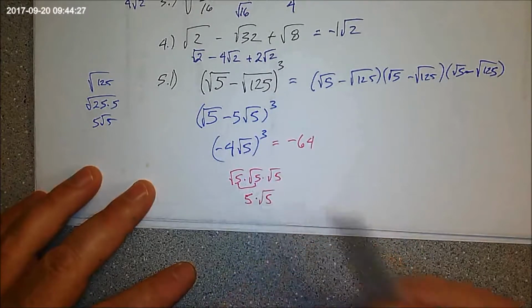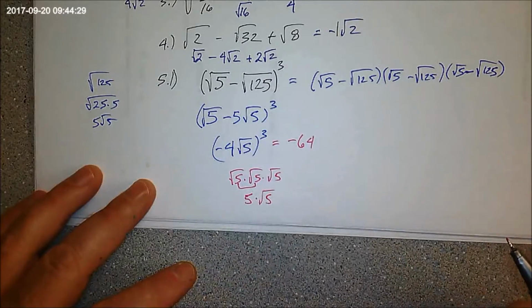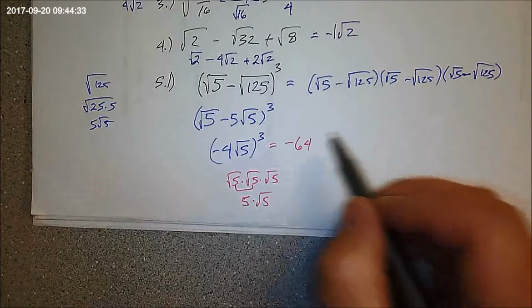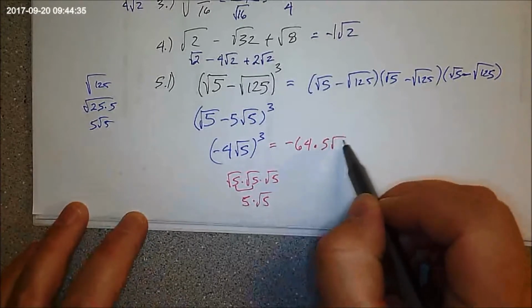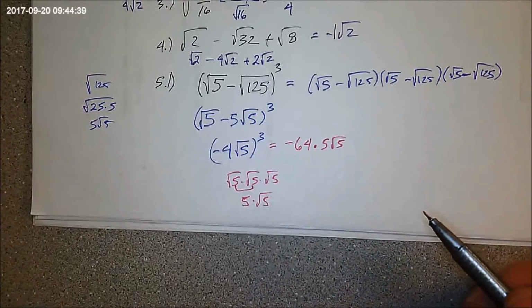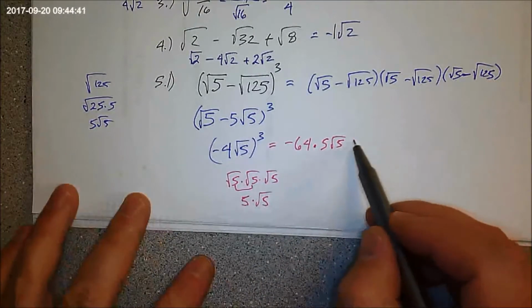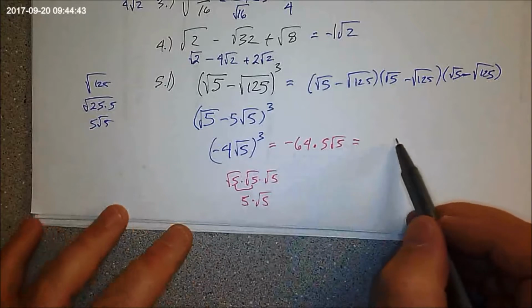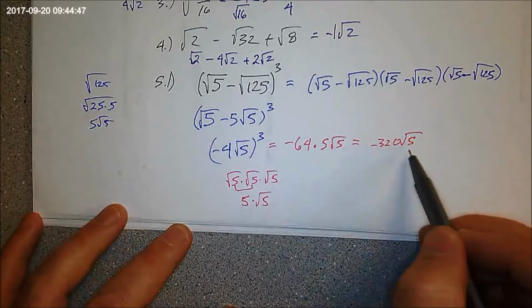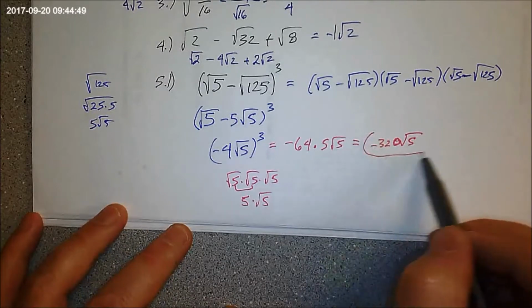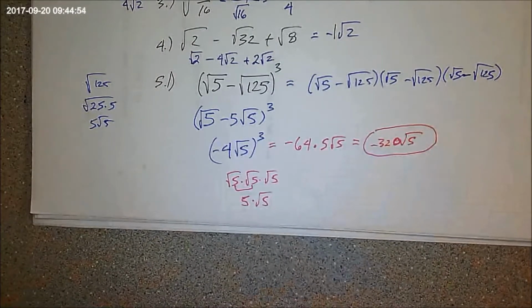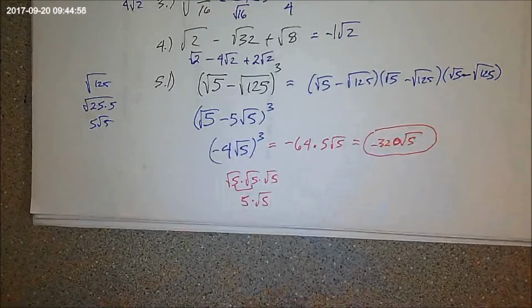That is 5 times the square root of 5. Yes, no? Yeah. You sure? Yeah. So this is times 5 times the square root of 5. So 5, let's see, it's 0, and 2, 3. I think that's negative 320 times the square root of 5. That's what I got. Except I didn't put the negative. Well, then that's not what you got. You got the opposite. Wait, I did.